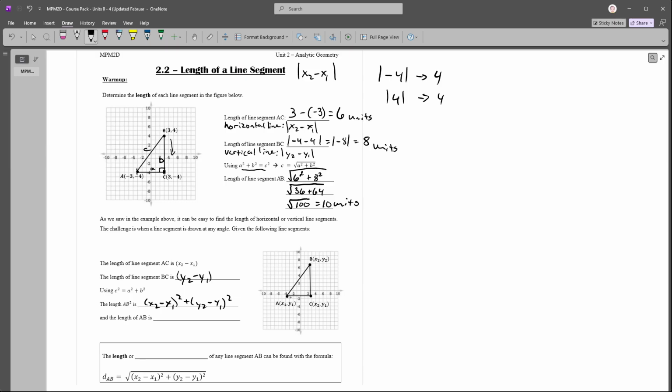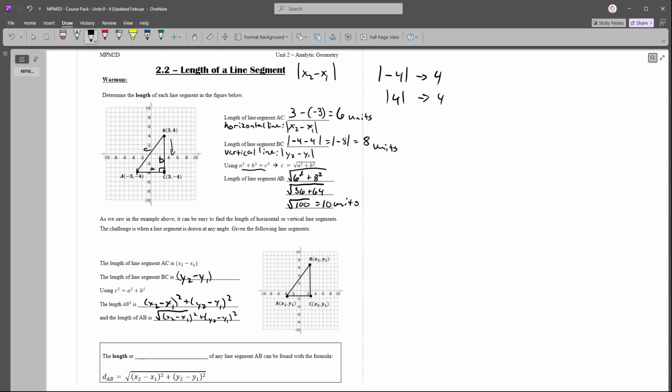All we did was say, give me the length of the bottom line, the length of the side line. Those are our a and b. And now that means to find the AB of this whole thing, we just got to take the square root. So it's the square root of exactly what we just found: x2 minus x1 squared plus y2 minus y1 squared.